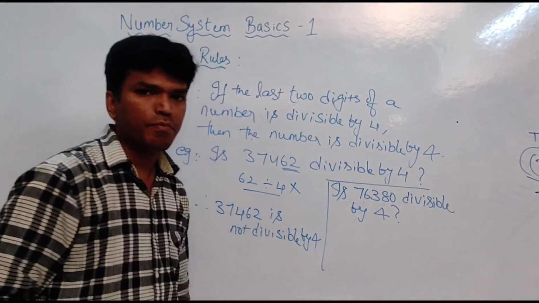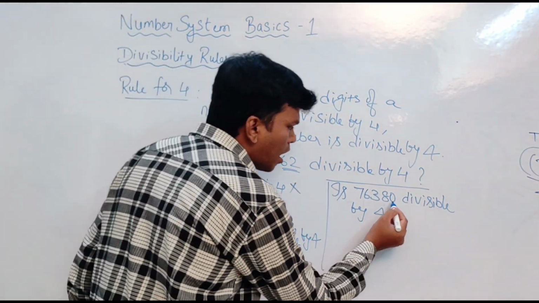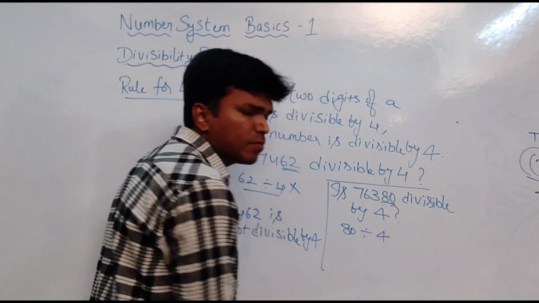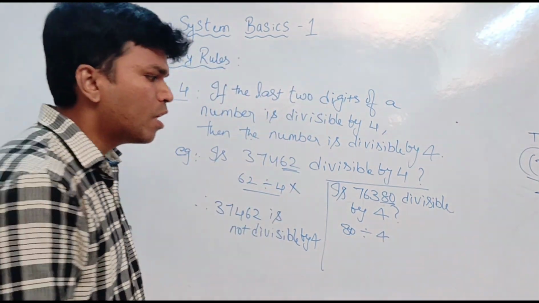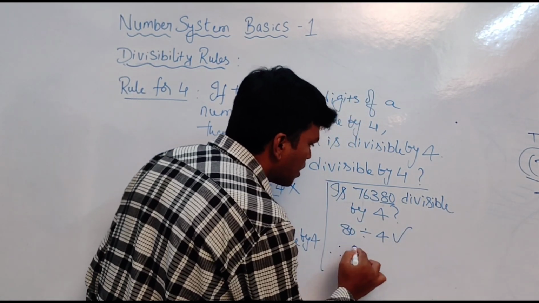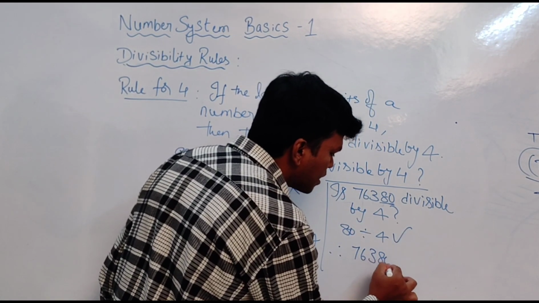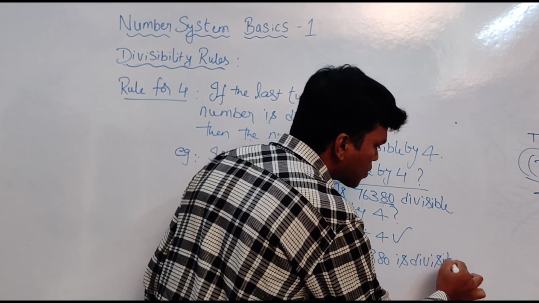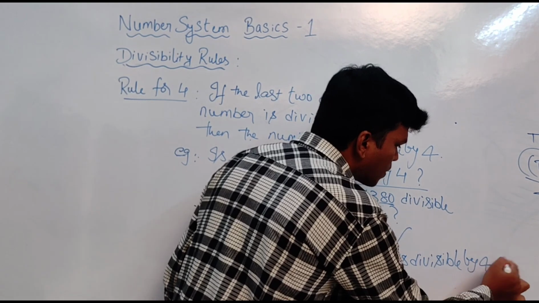I am taking an example. See here, last two digits. What are the last two digits? 80. Is 80 divisible by 4? Yes, 80 is divisible by 4. So 20 times it goes, right? Therefore, 76,380 is also divisible by 4.